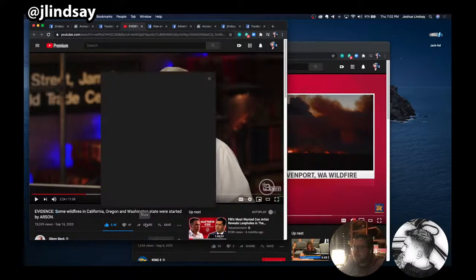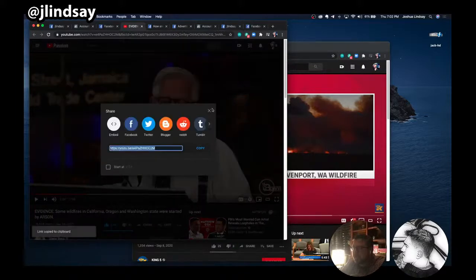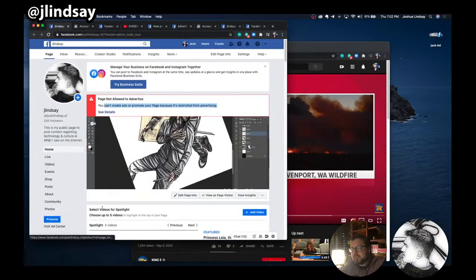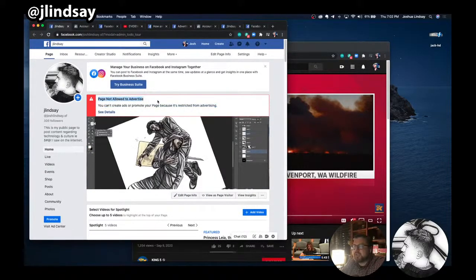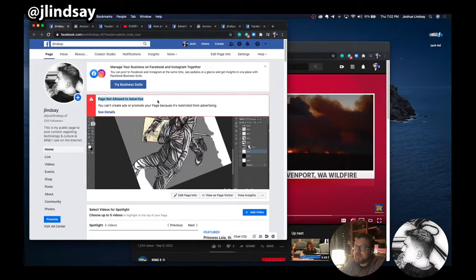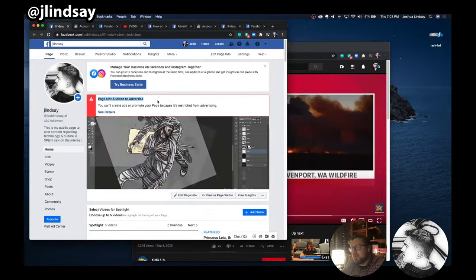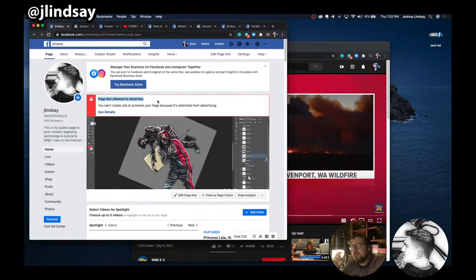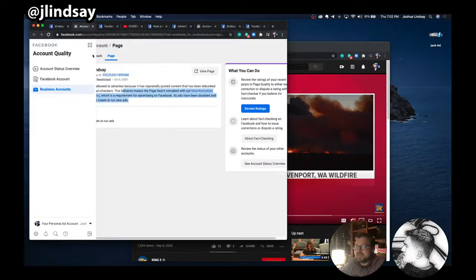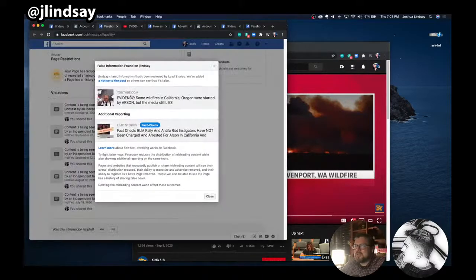Okay, so if you copy this link and put it into Facebook as a post, you're going to get your page struck down by USA Today fact checkers, who are going to say that you, Jay Lindsay, are fake news because you shared a link. How dare you, sir? This is such bullshit, man.